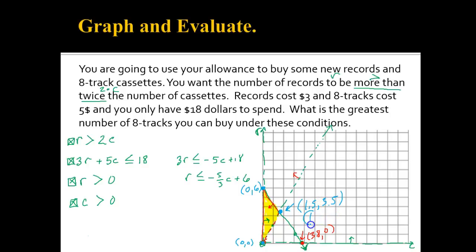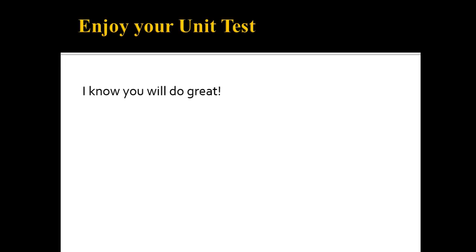But the question said, what's the most 8 tracks we can buy under these constraints, and that's the answer. Okay, so don't worry about those last 2 parts. The big deal for you is just identifying what the equations are, or the inequalities in this case. And that's all I have.